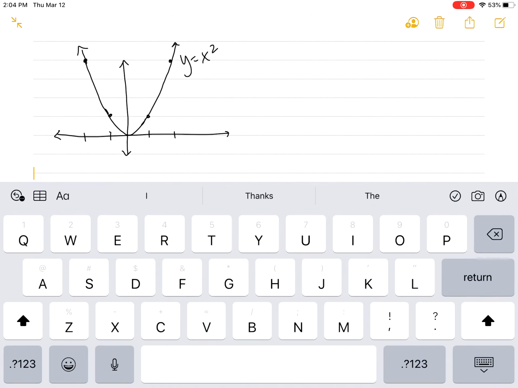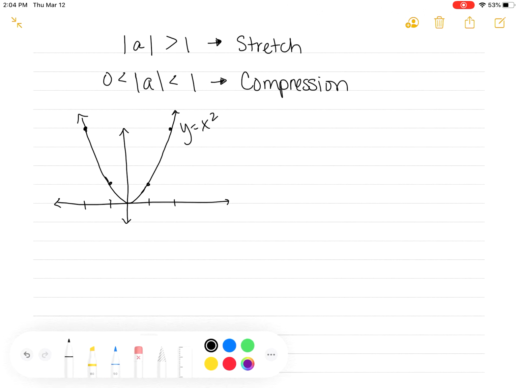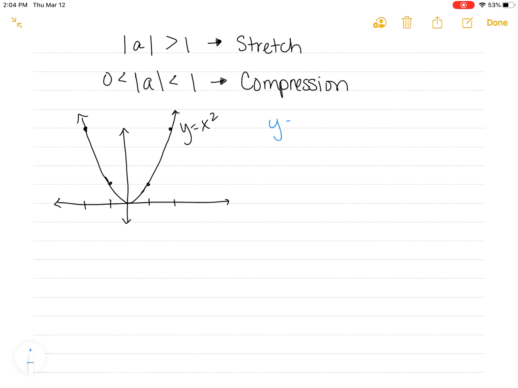If I want to look at y equals 2x squared, we know that that's going to be a stretch by 2. So I'm multiplying everything by 2.